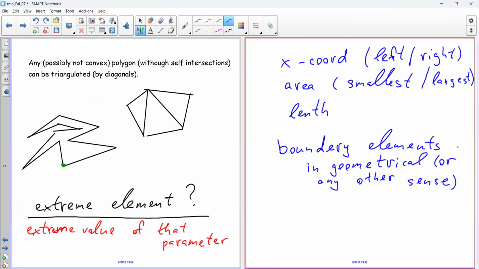For example, there is such an object which is called the convex hull of a set. We consider the least by inclusion set of points on the plane which contains the given set. So here it will be the convex hull.